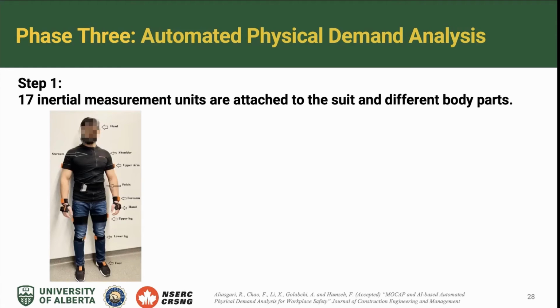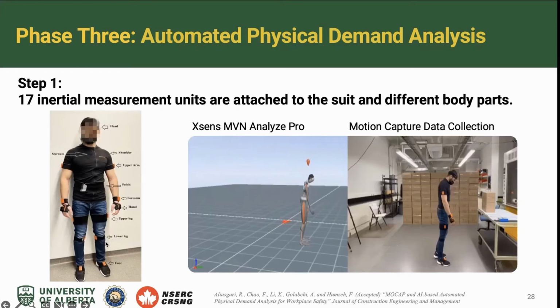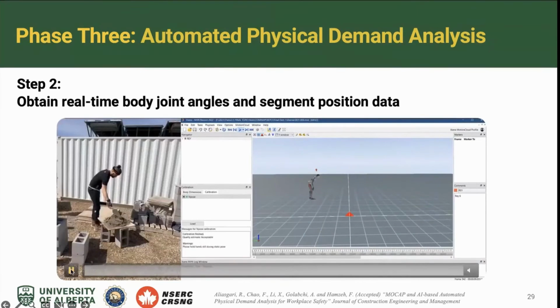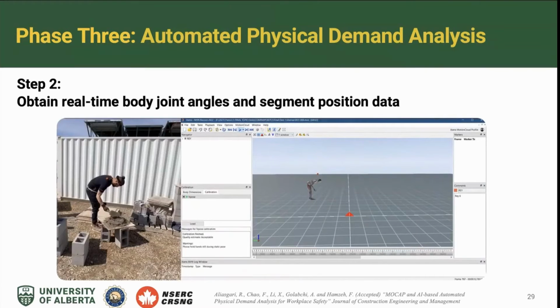So I just summarized the 3 steps here, but basically we need the support of motion capture devices with 17 inertial sensors. Then we can collect the data in real time, and we did some testing in the lab first of all, and then later we collected the real data on site with the support of another local masonry construction company.